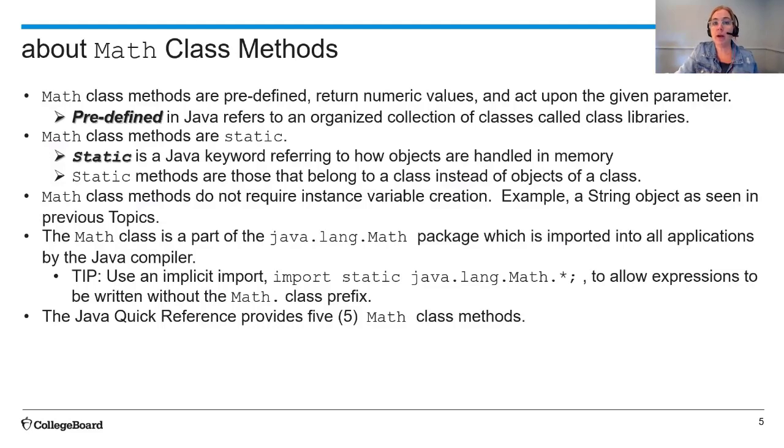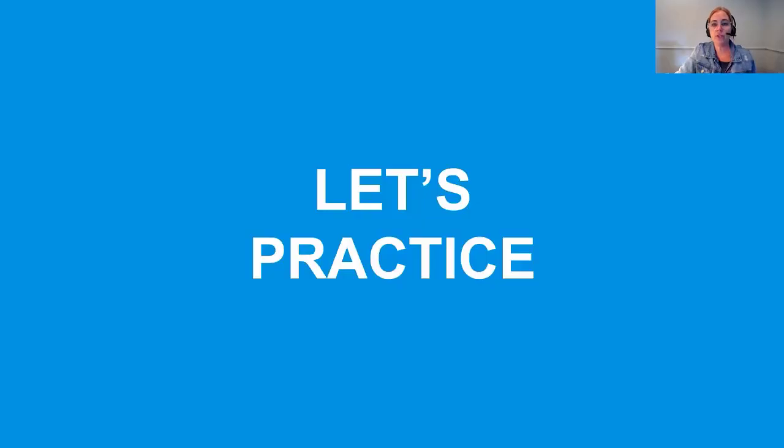This is going to empower you to create some unique programs and also maybe some homework helpers for your own Calc AB class or Calc BC, or maybe you're in Physics C and you want to build a homework helper. The Math class and its methods will be very useful to you as you grow in your ability to write Java code, particularly code that solves equations.